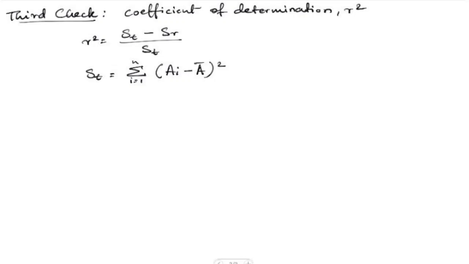And for the S sub t, the formula I have written it down. So you have the summation from i equal to 1 till n, each amplitude minus the average of the amplitudes, all of them squared. So let's start working on this now.